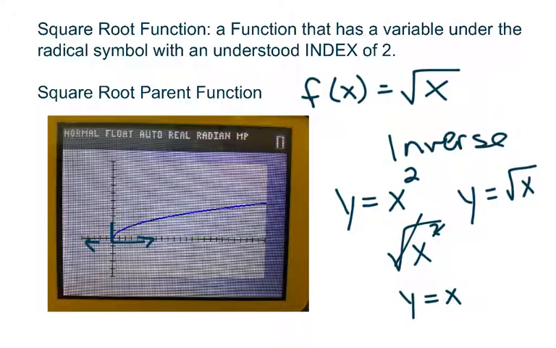Now, and I'm going to draw on my graph over here, because the quadratic function has two sides to it. It has the negative side and the positive side. Notice the square root function only has a top. It doesn't have a bottom. Well, let's think about this. If it had the bottom, would it be a function anymore?